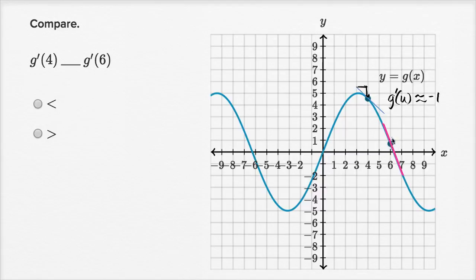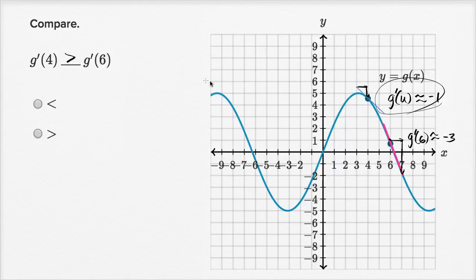While the derivative here, if we increase x by 1, it looks like we're decreasing y by close to 3. So g prime of 6 looks like it's closer to -3. So which one of these is larger? Well, this one is less negative, so it's going to be greater than the other one.